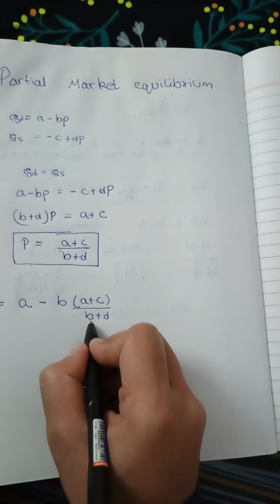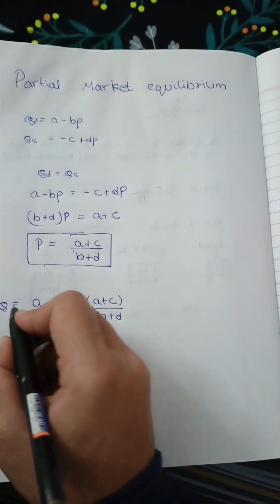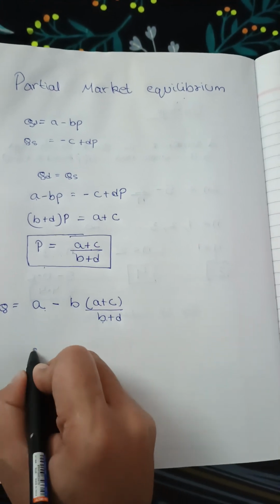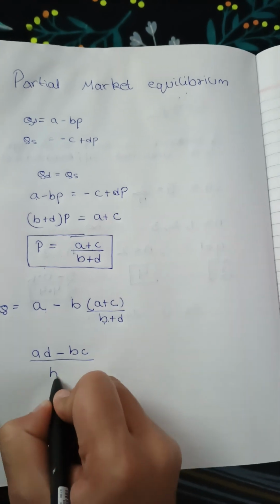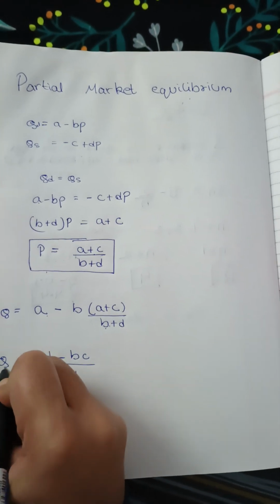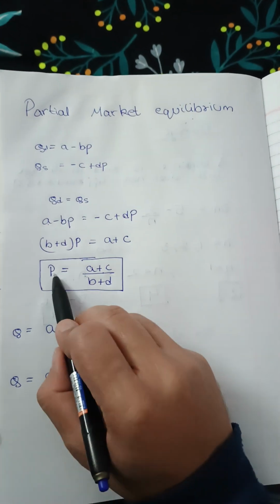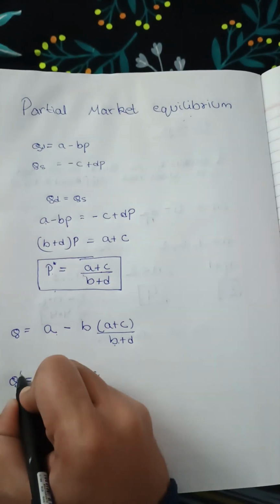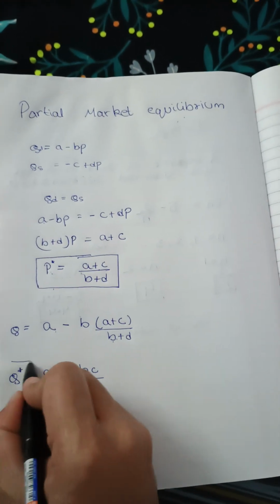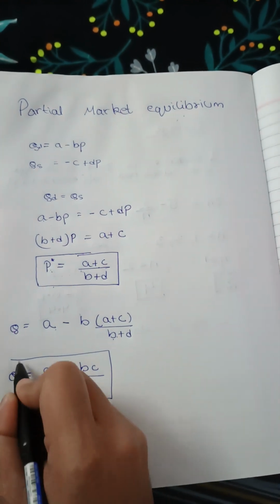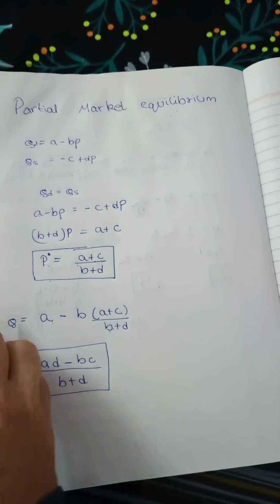Multiplying this out, the total outcome will be (AD minus BC) upon (B plus D). So Q equals this. We will always denote these as P star and Q star, not as P and Q, because in the question it tells us to find Q star and P star.